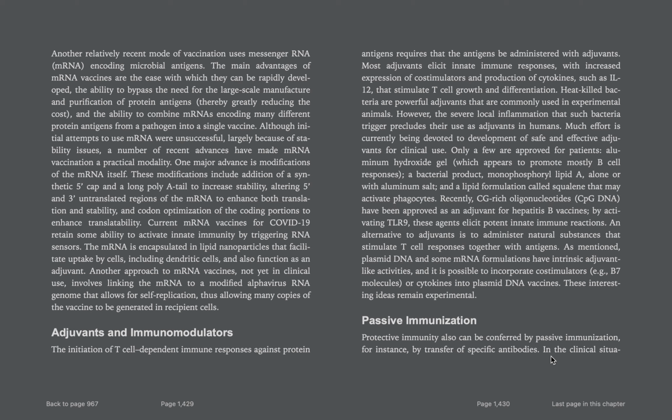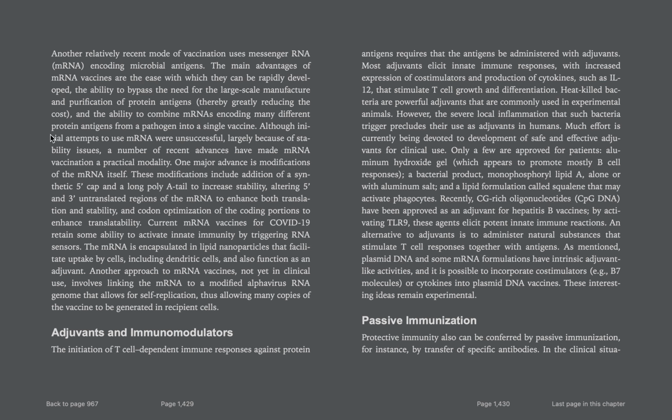The main advantages of messenger RNA vaccines are the ease with which they can be rapidly developed, the ability to bypass the need for large-scale manufacture or purification of protein antigen, thereby greatly reducing cost, and the ability to combine messenger RNAs encoding many different protein antigens from a pathogen into a single vaccine.